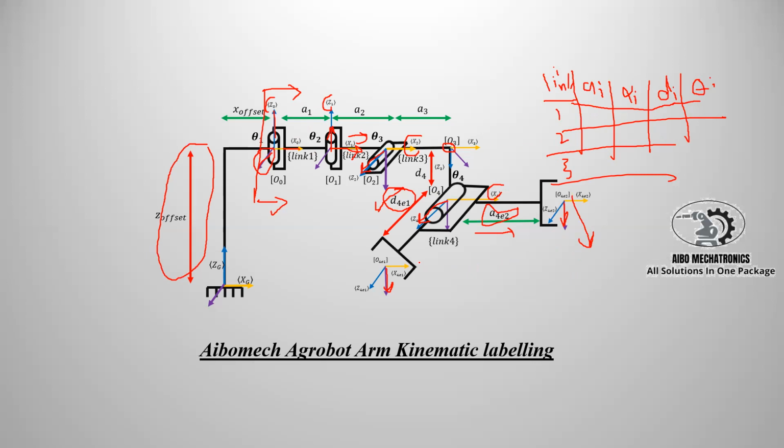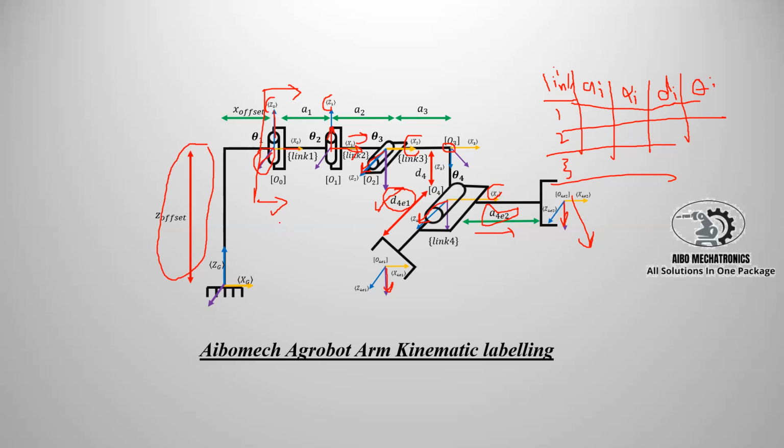I suffered and faced lots of difficulties to obtain these kinematic conventions because it is a new kinematic shape. It is not common among robot manipulators. It is a new configuration.